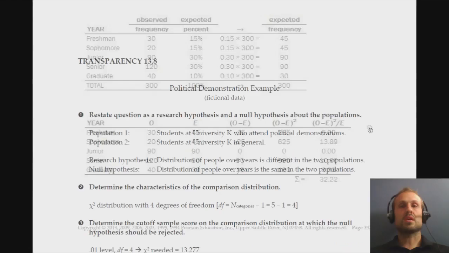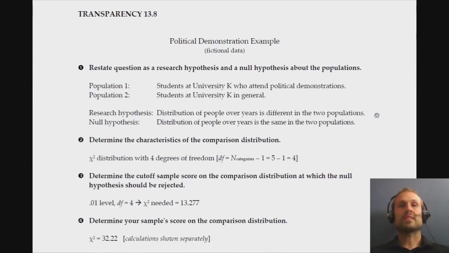Now, if we look at this from a hypothesis testing point of view, I again have a very similar structure to the steps. I have my two populations, students at the university who attend political demonstrations and just students in general. And my research hypothesis is sort of what I'm hoping for.